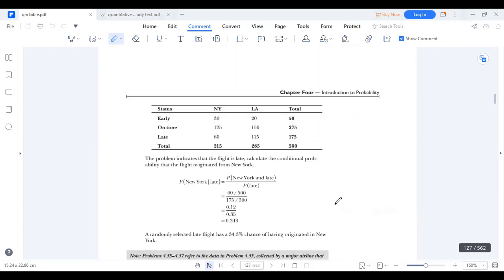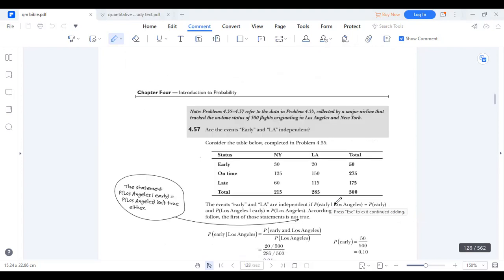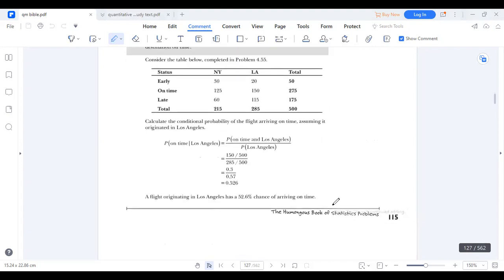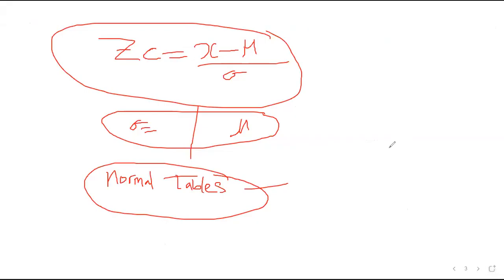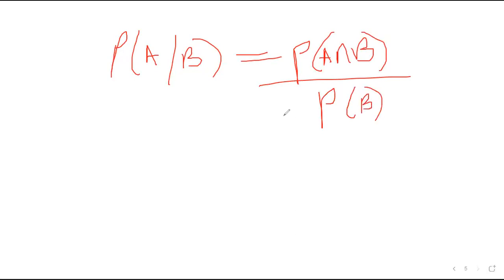This is on the features of a normal distribution that we've looked at, but of course, we can also look at probabilities that are conditional, where we look at the probability of A given B. This is equal to the probability of A intersection B over the probability of B. This is what we call conditional probability.